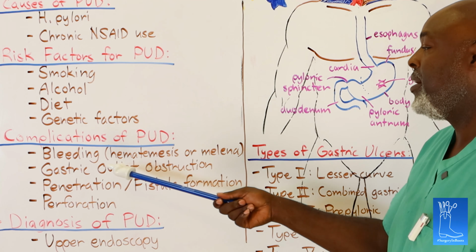So once this ulcer starts to eat through the outer lining of the stomach or the duodenum, it can erode into other structures. Usually bleeding ulcers, especially massive bleeding ulcers in the duodenum, have penetrated through to the posterior aspect of the stomach into an artery called the GDA, or gastroduodenal artery.